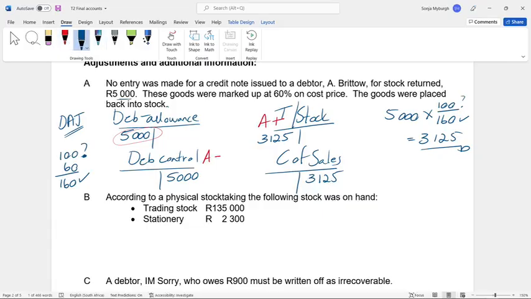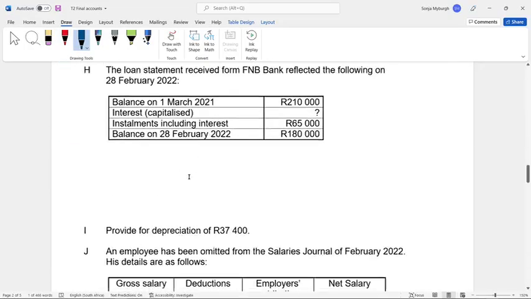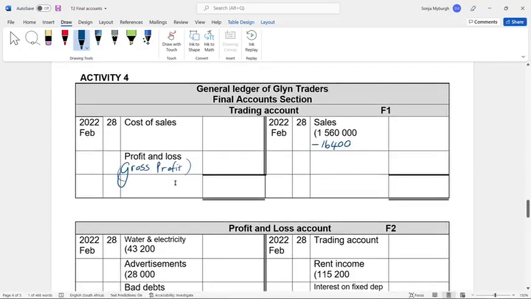So on our trading account, next to sales, we will have to subtract another 5,000. That is part of the debtors allowance to give us the net sales, 1,538,600.